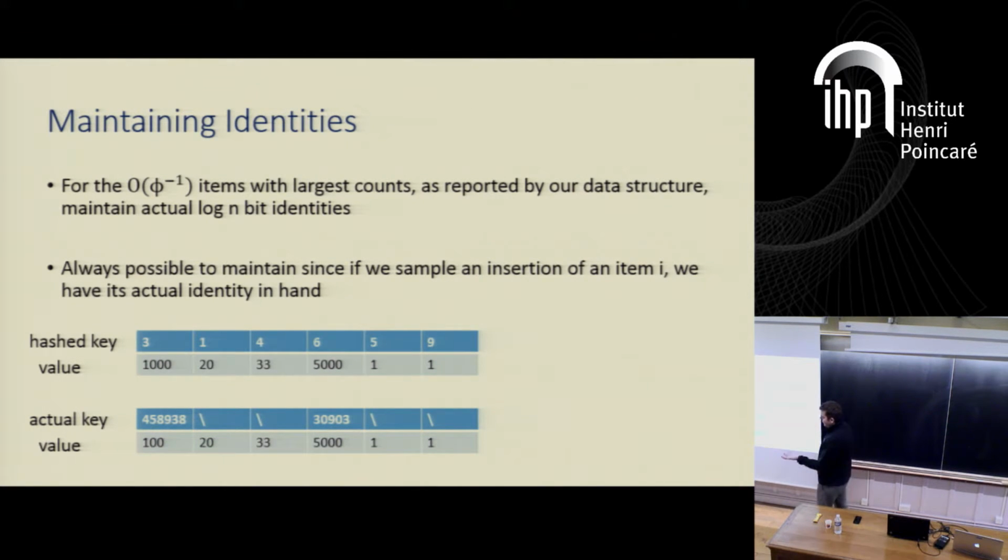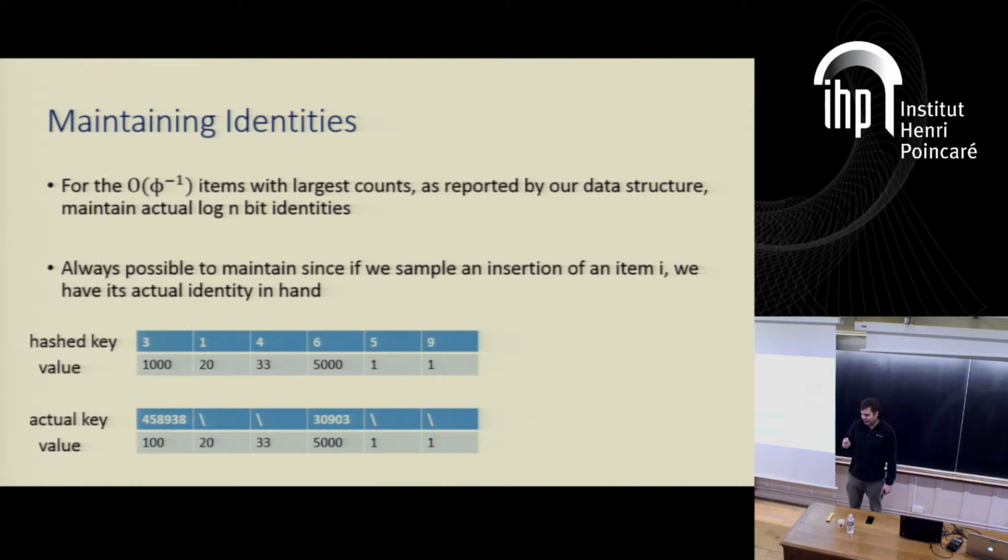And the claim is this is always possible to maintain in the stream, basically for the reason that when I get a new stream update, I have its actual log n bit identity. Then there are just a few cases. In Misra and Gries, it might be that I'm decrementing something from all the counters and I'm not inserting that new item. In that case, this item is not among the top 1 over phi items, and I do nothing.